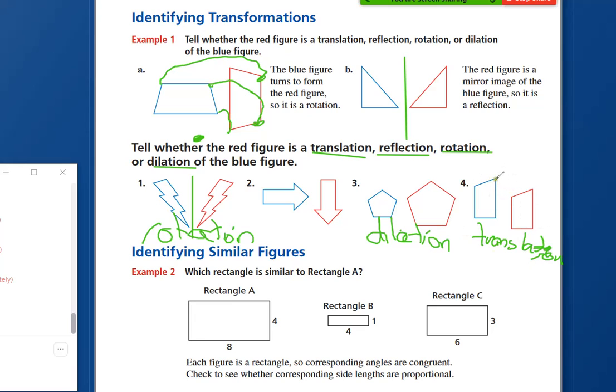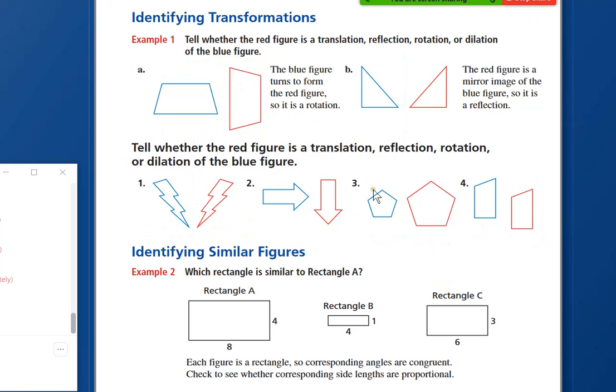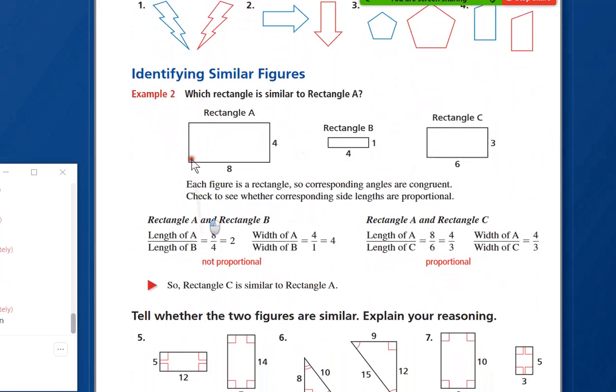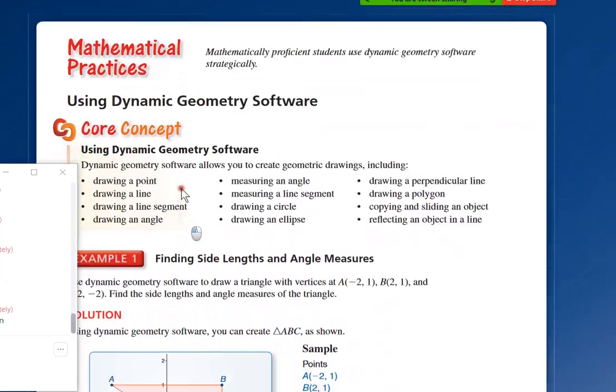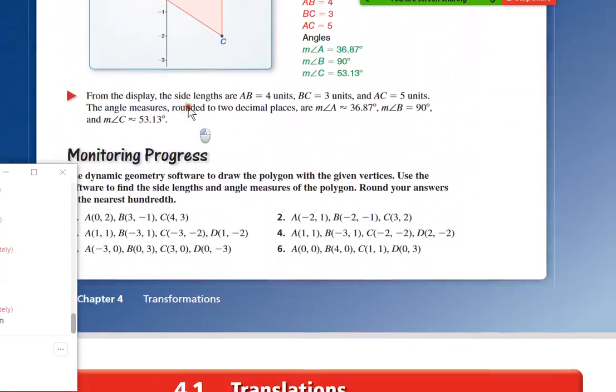Translations are when you move the whole thing a certain amount over and a certain amount up or down. That's the one we're going to do today. We're doing translation today, but we'll cover all 4 of these in the class. Now, let me clear this screen. And let's take a look at the problems we're going to do today.